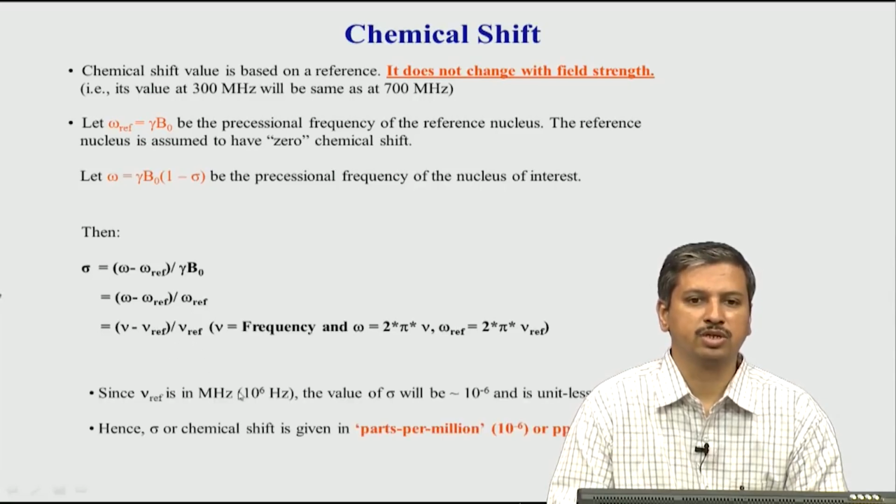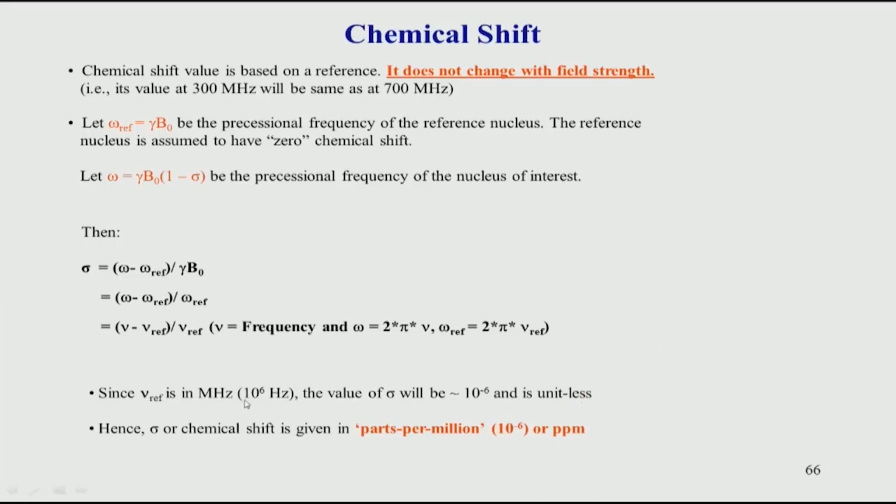Now you see the reference frequency we are using is in megahertz. Why is it in megahertz? Because according to the very beginning in the first class we saw that the magnetic field is measured in Tesla, and for a given Tesla, 9 Tesla or 10 Tesla or 15 Tesla, any number you take for the magnetic field and multiply with this gamma, this frequency will come out in megahertz.